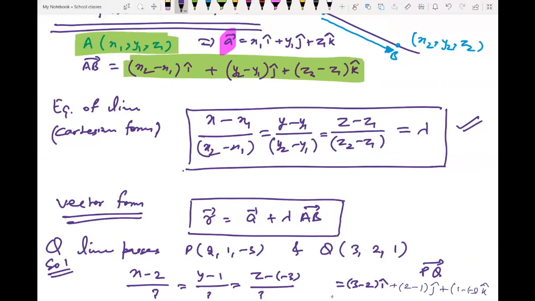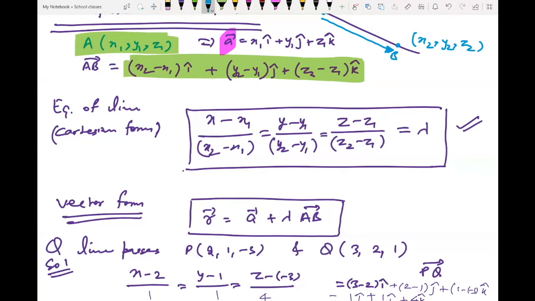If we find it, this is 1 i cap plus 1 j cap plus 4 k cap. That's why we should write here the DRs of the PQ vector. So here it will be 1, 1, 4, nothing new. Is this clear to everyone?